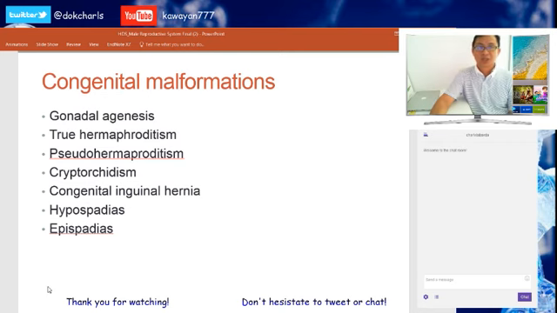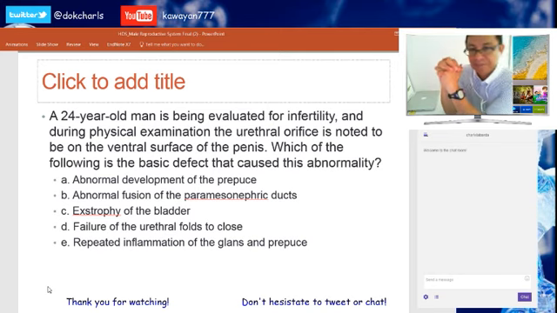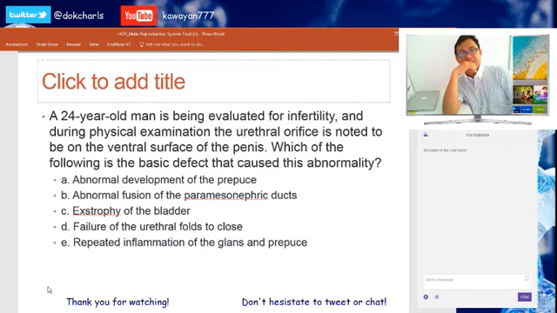But first, before we go to the specific cases, let's take a look at this particular case of a 24-year-old man being evaluated for infertility. During physical examination, the urethral orifice is noted to be on the ventral surface of the penis.